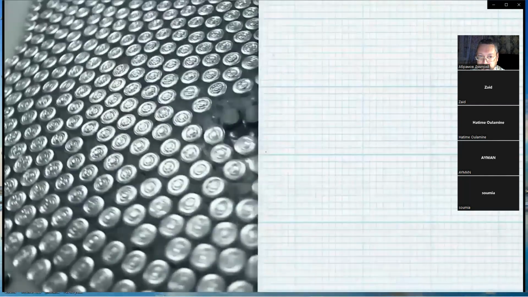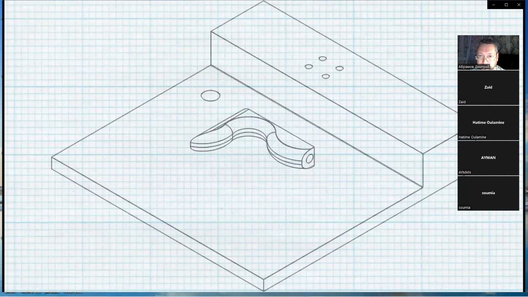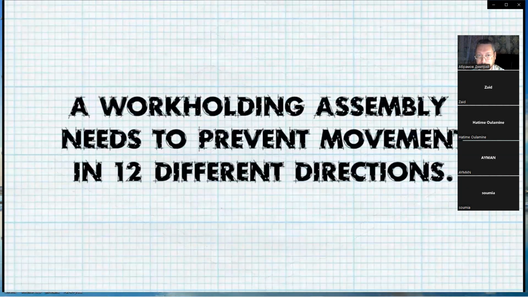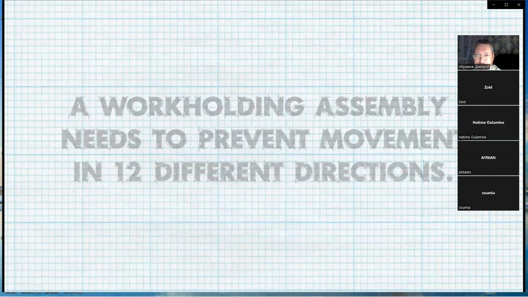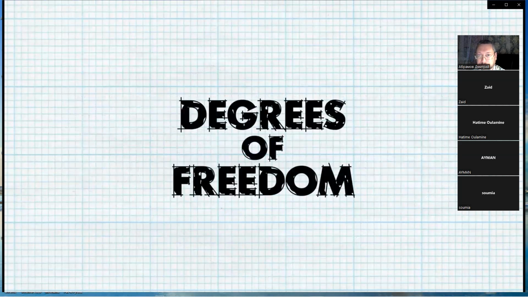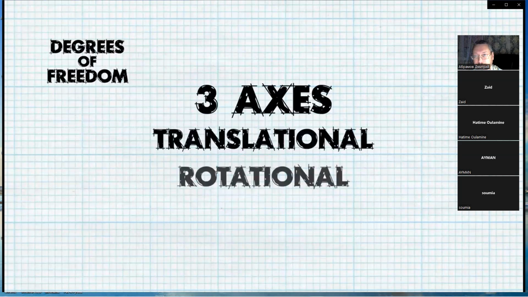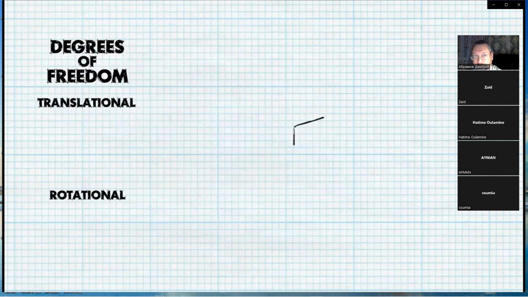In order to ensure that a workpiece is held securely and won't shift during machining or processing, a work-holding assembly needs to prevent movement in 12 different directions or degrees of freedom. These include 3 axes of both translational and rotational motion.